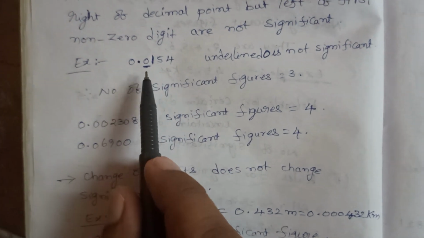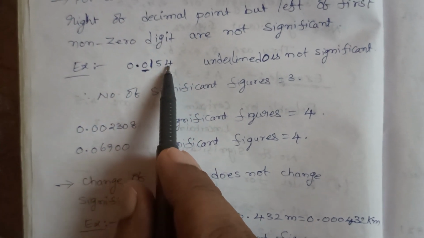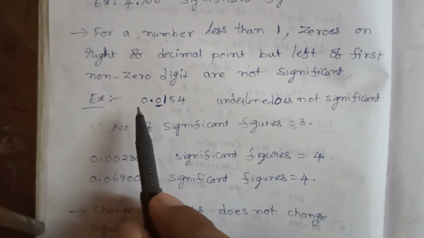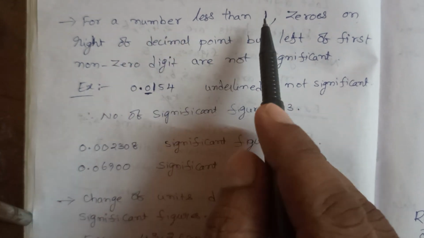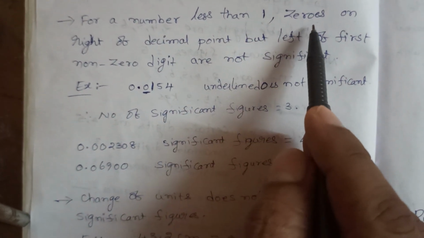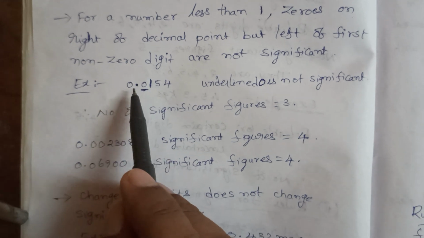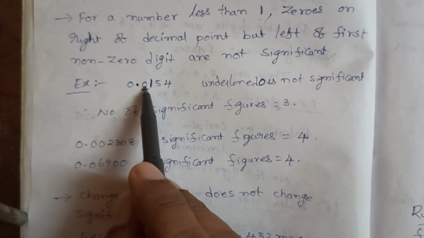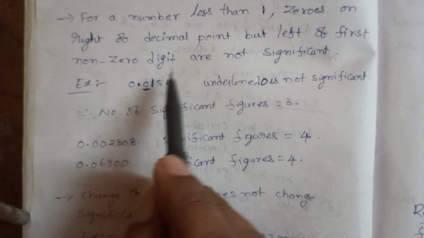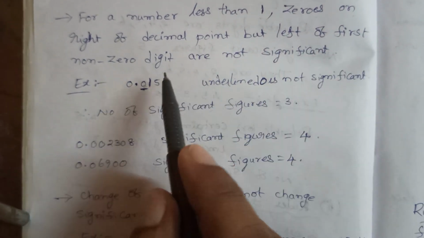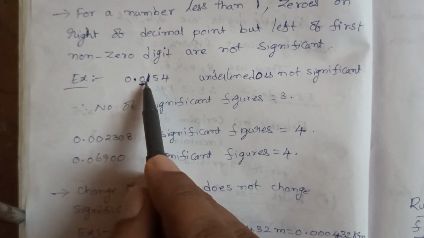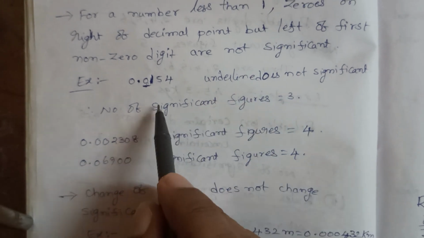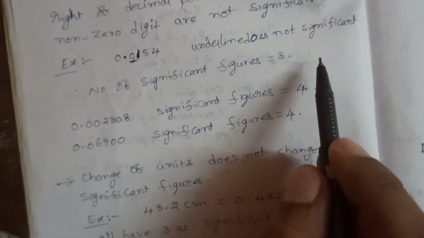So here the number of significant figures is 1, 2, 3, only 3. So the rule once again: for a number less than 1, zeros on the right side of the decimal point but left of the first non-zero digit are not significant. So here the number of significant figures is only 3.